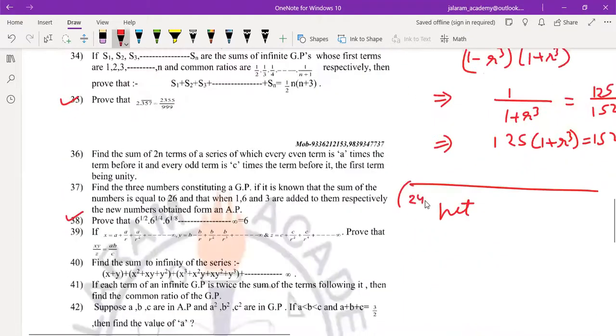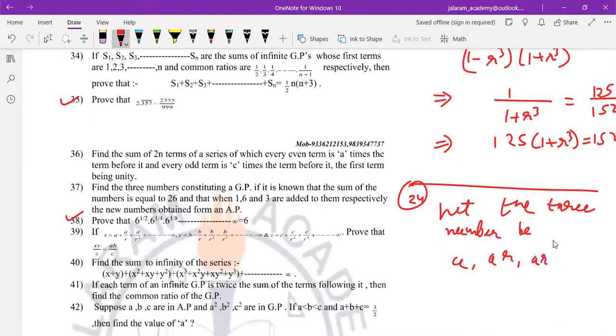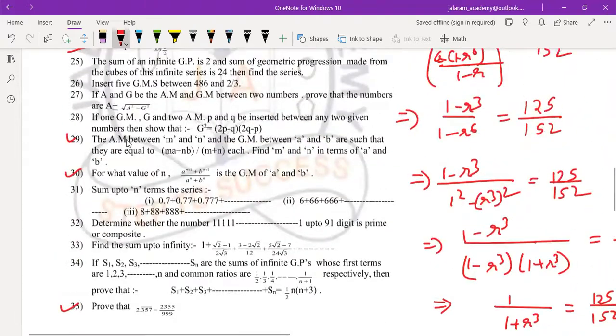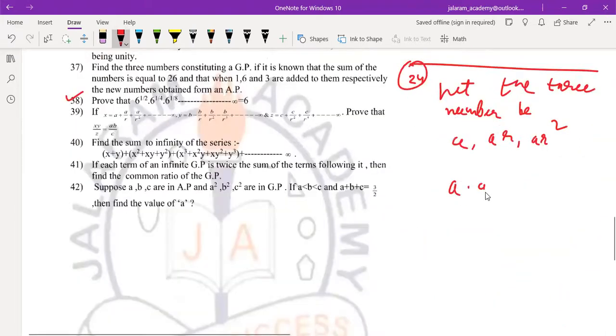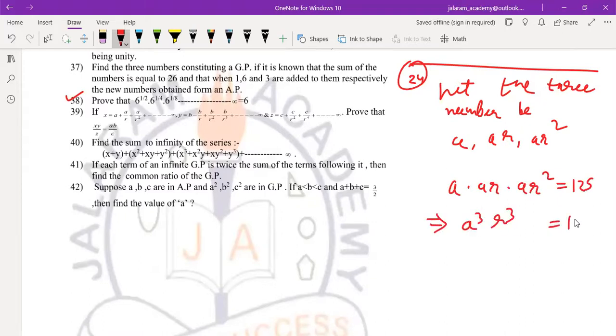So let the three consecutive numbers in GP be A, AR and AR square, and according to the question their product is 125, means A into AR into AR square equals 125. It implies A cube R cube equals 125. We can write AR whole cube equals 5 cube. Taking cube root on both sides, we get AR equals 5 as equation number 1.